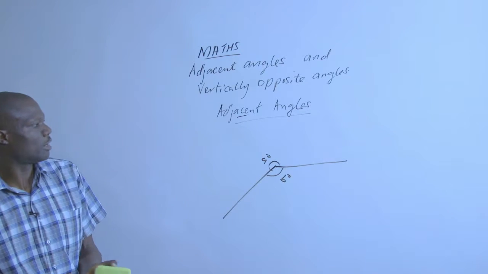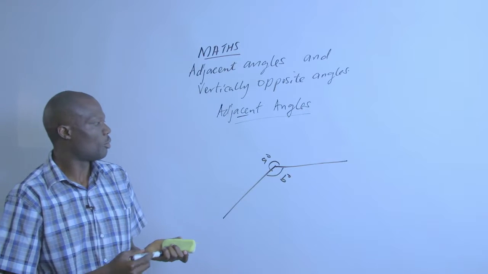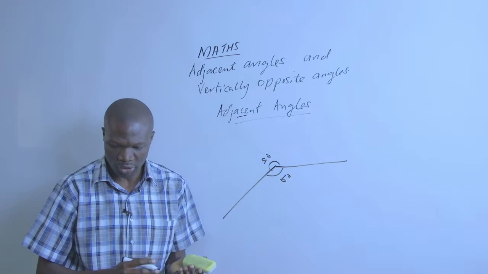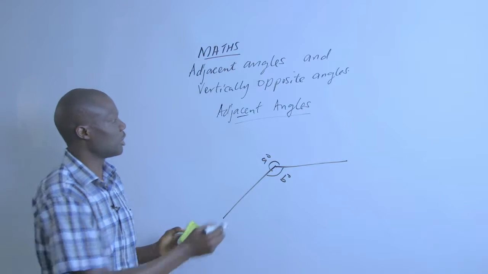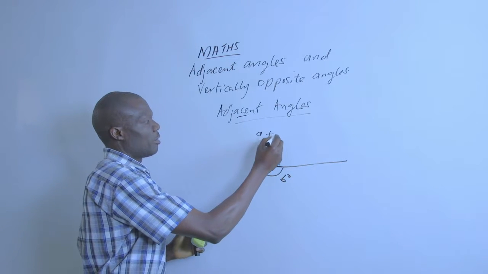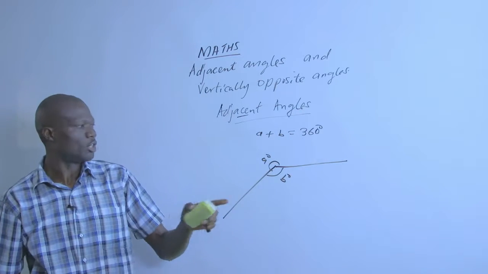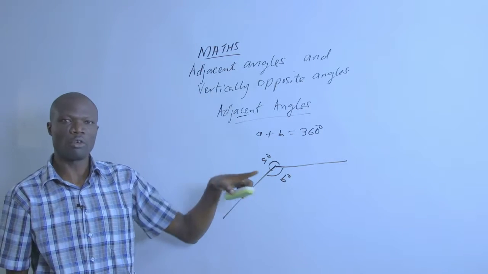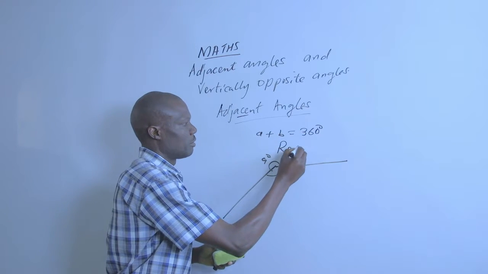The next pair of adjacent angles is what forms a revolution. And when we say angles form a revolution, it means that A plus B is 360. So A and B will form one complete rotation, which we call a revolution.